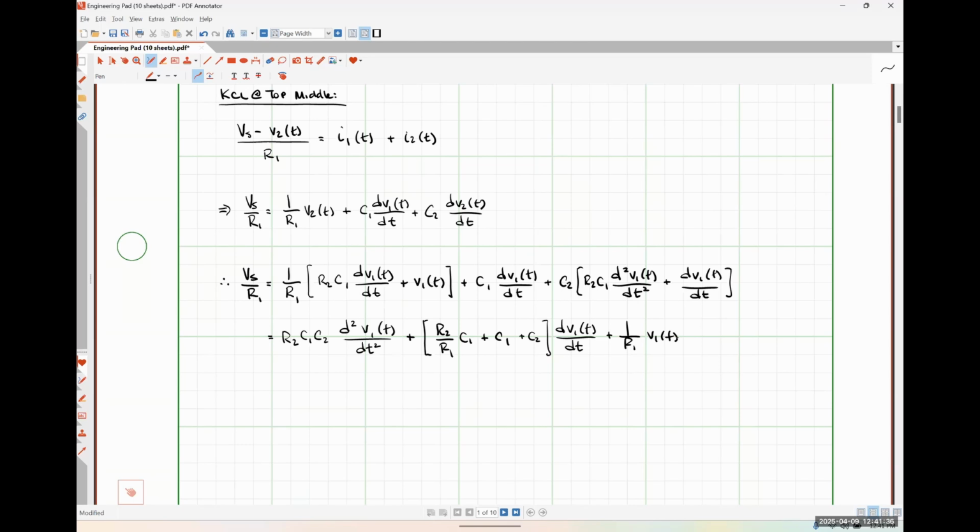So the last thing that we would do here is then just divide both sides through by R2 times C1 times C2.